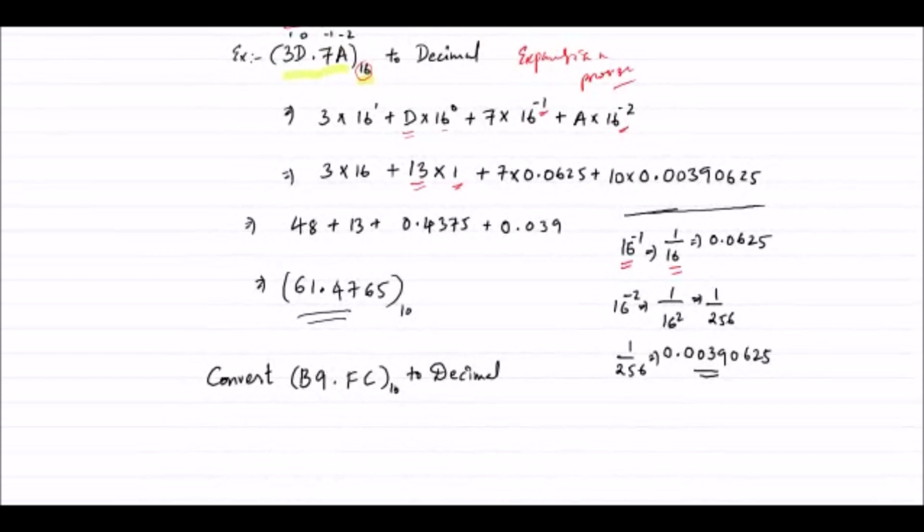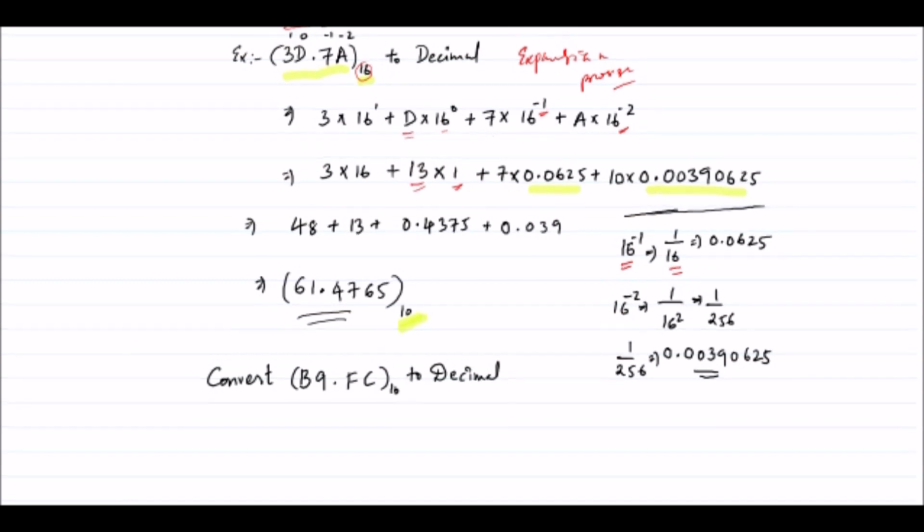If I substitute these values and multiply, 7 into 0.0625 is 0.4375, and 10 into 0.0039065 is 0.0390625. If I add these values, I have 61.4765 base 10.